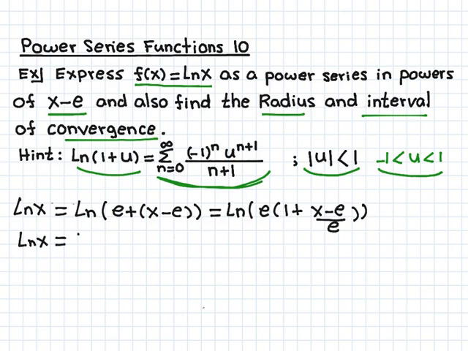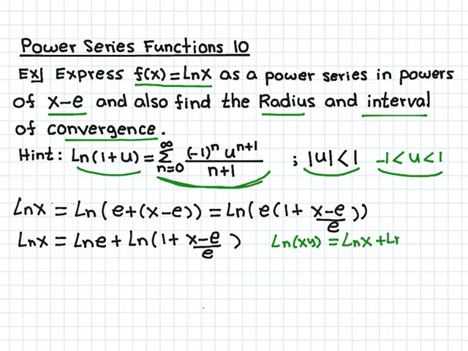So we get log of x is equal to log of e plus log of 1 plus x minus e divided by e. So the rule we're applying is log of xy, log of a product, is going to be the sum of the logs. So log x plus log y.